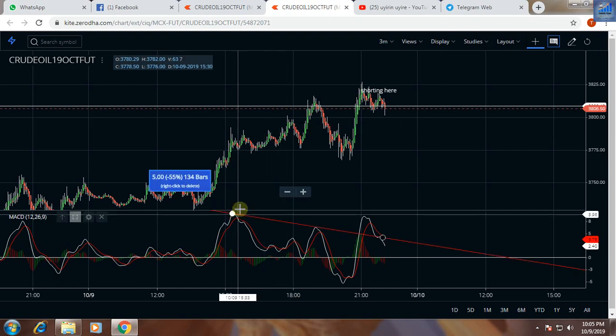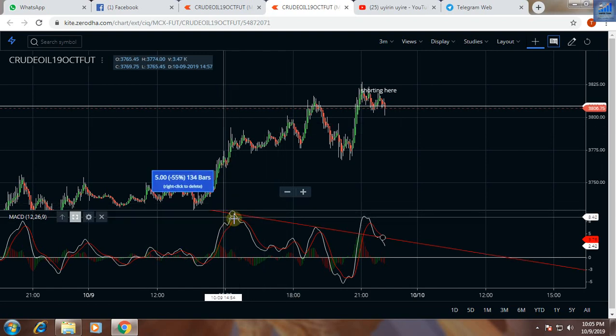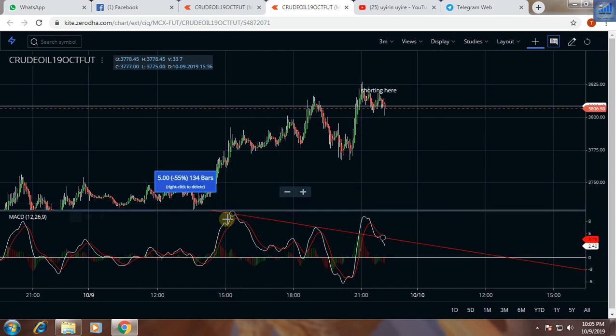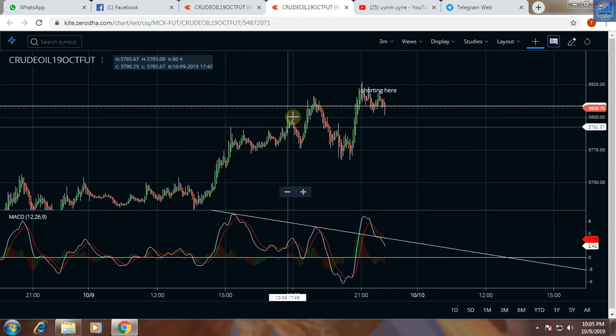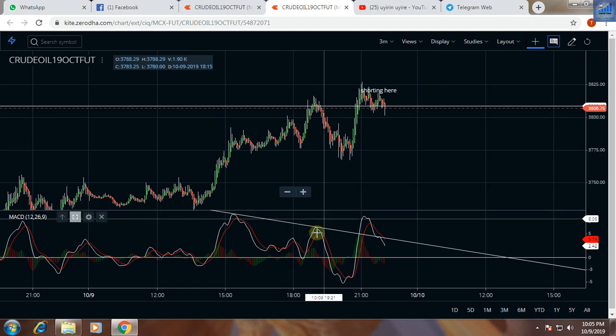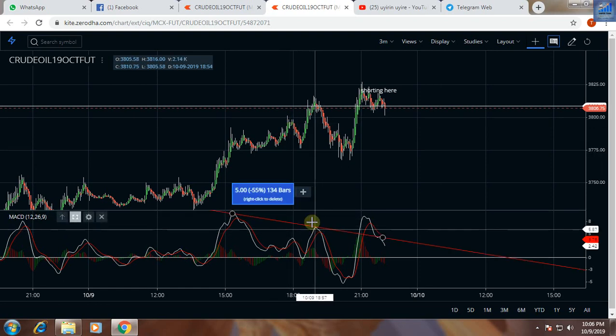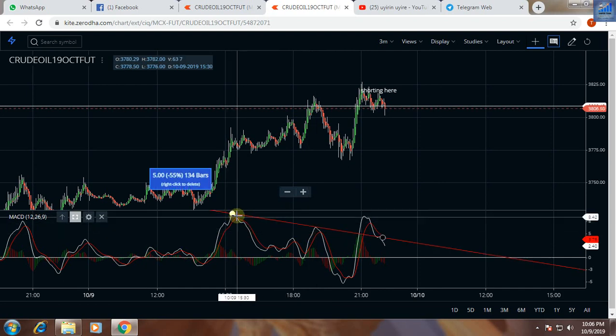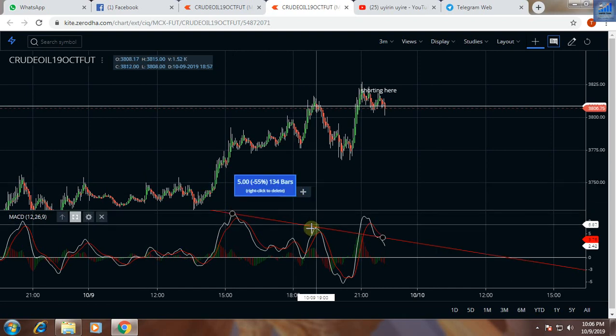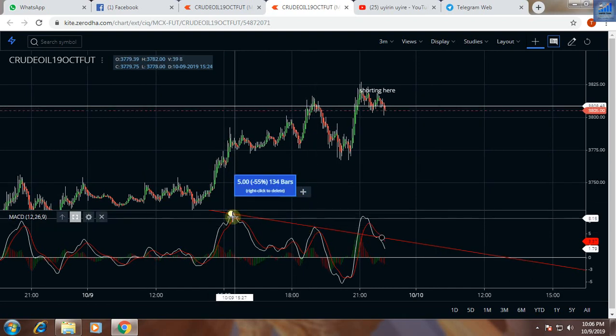But as we see, the MACD has formed a high here, and when the price formed another new high, the MACD has not formed a new high, but rather it formed a new low. See, the second point is lower than the first point in the MACD.